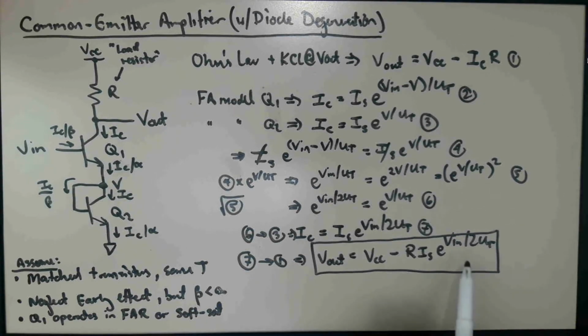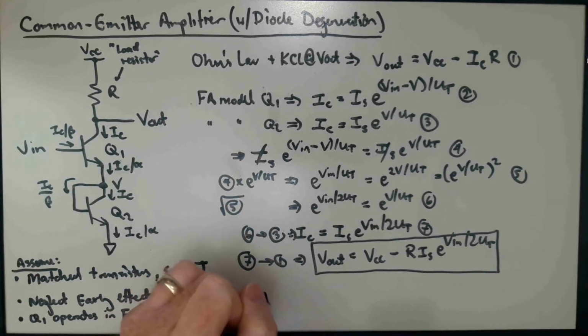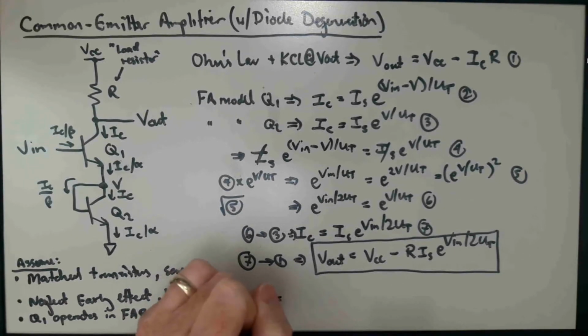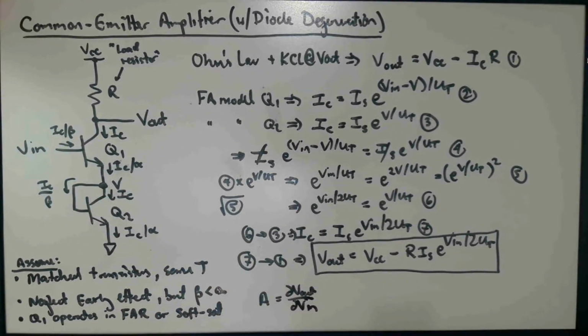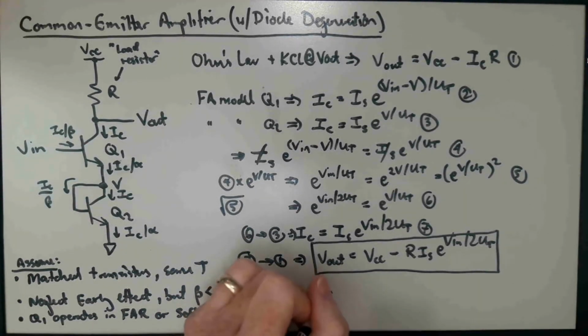Okay, so you can see that as Vin increases, Vout will decrease. And we can also take this expression and differentiate it with respect to Vin and obtain an expression for the incremental voltage gain. So A, let's call that A, is dVout/dVin. Okay, this is the slope of the tangent line to this voltage transfer curve.